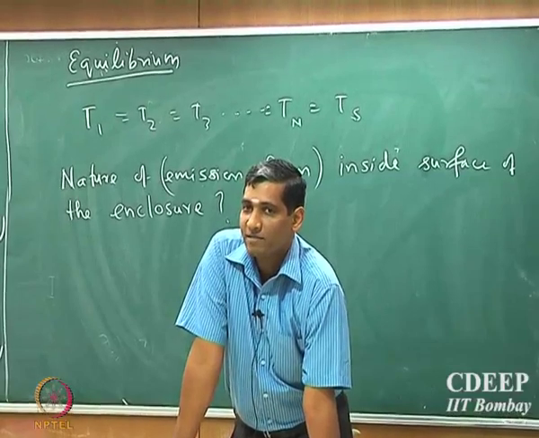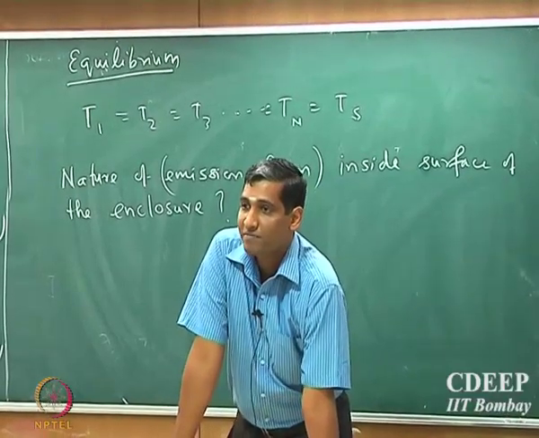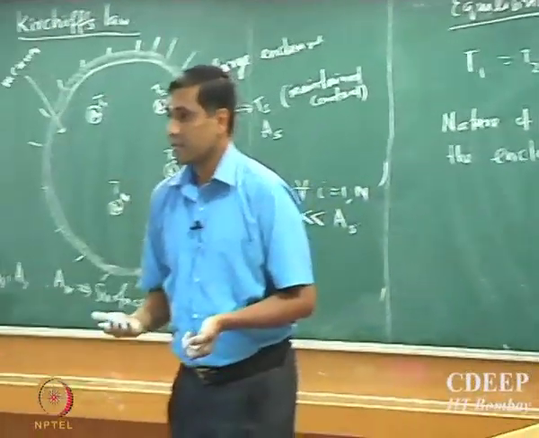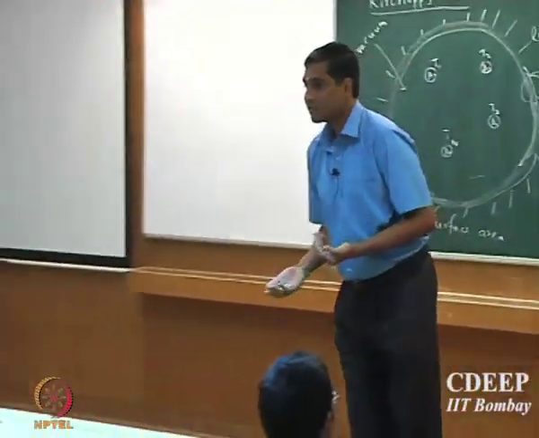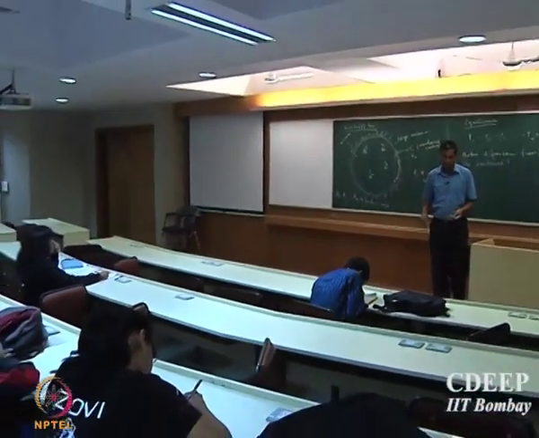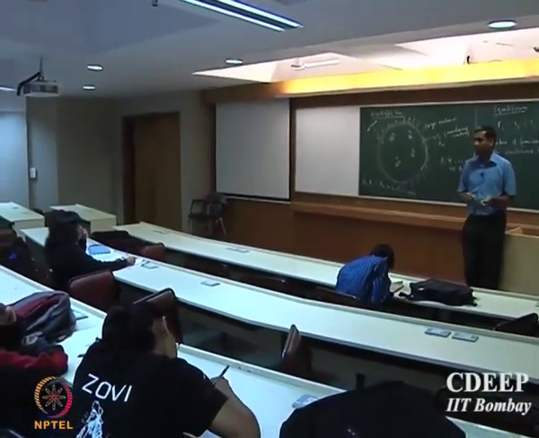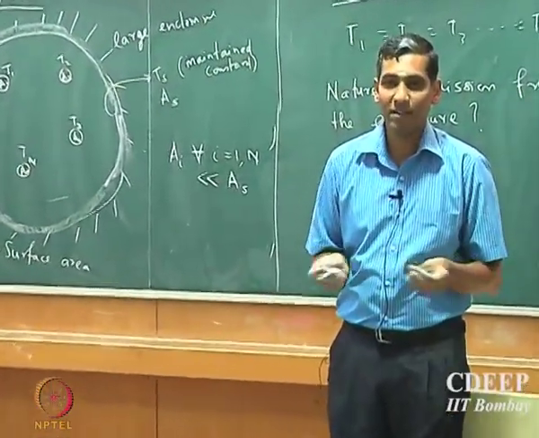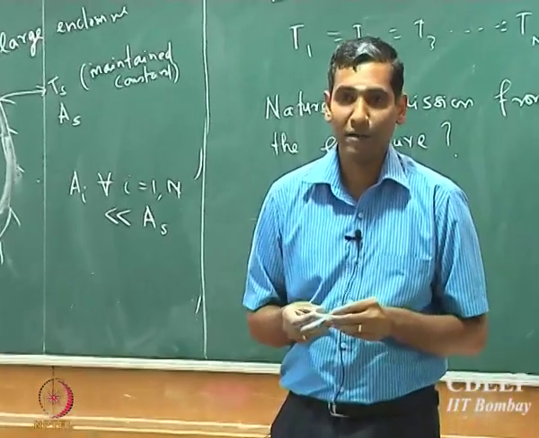What will it be, at equilibrium? Let's assume that there's only the radiation process. Let's not worry about conduction right now. A blackbody is a diffuse emitter. It absorbs everything.